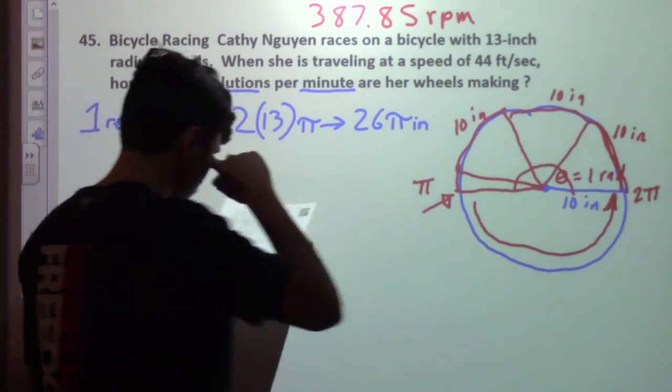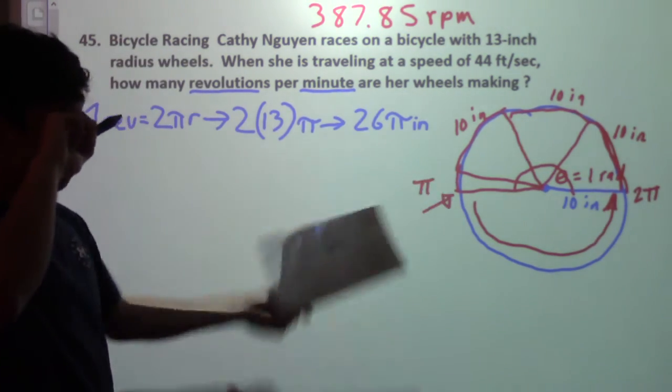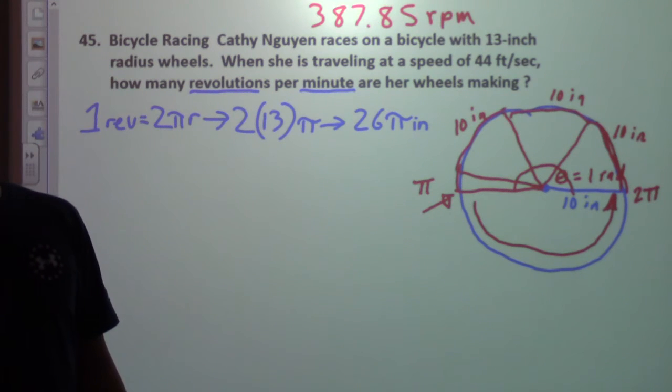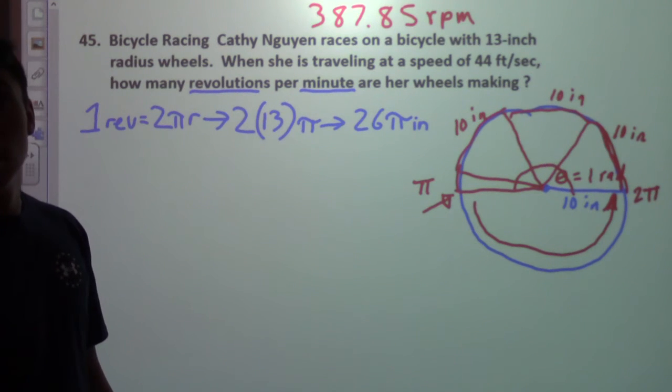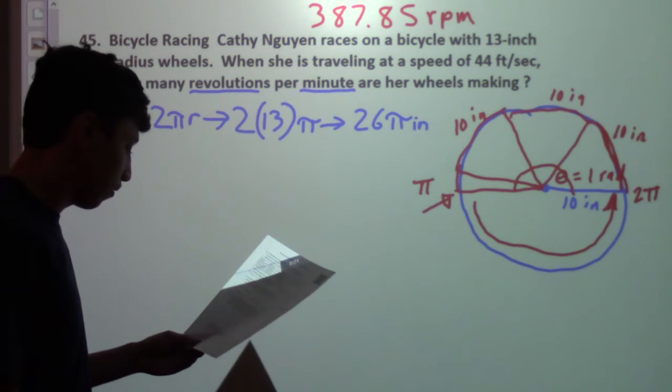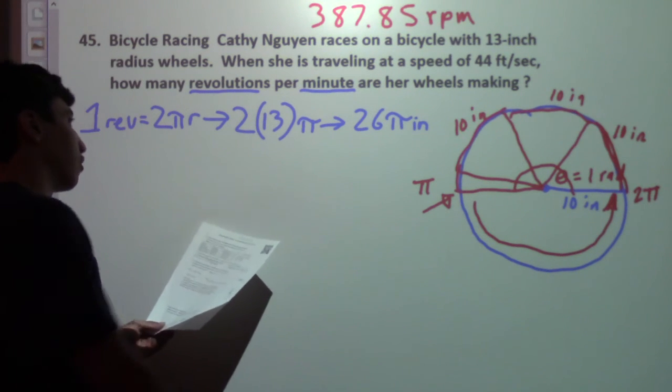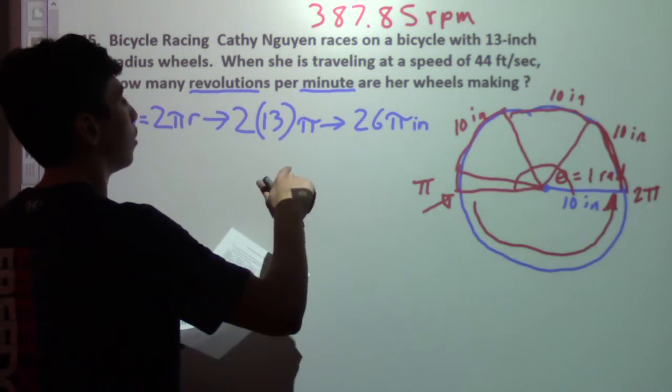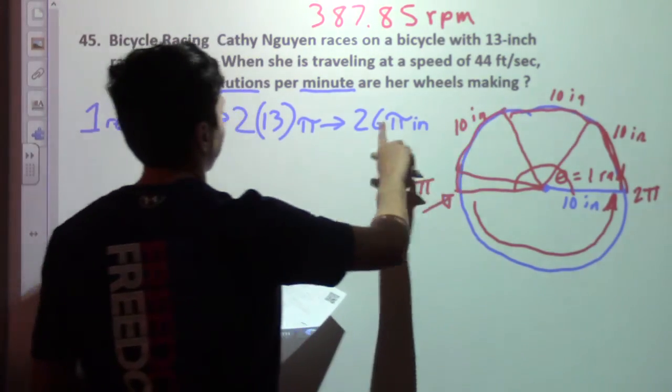Okay, you see what he did first? You found that one revolution is 26 pi inches. Does that make sense? Yes. And then you want to convert it to feet, because it says feet per second, so you got to convert that to feet.